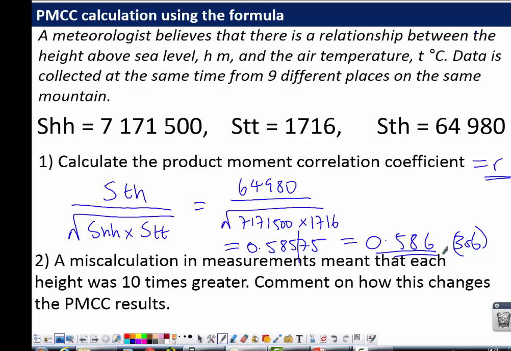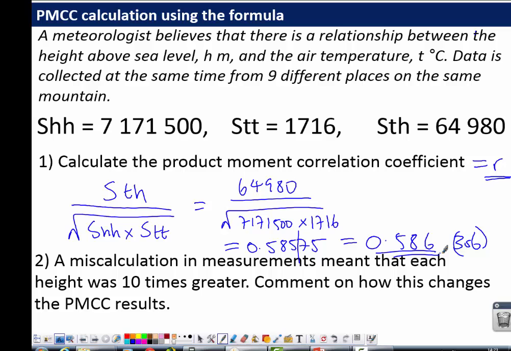A little note to ourselves, this is a value that's in between +1 and -1, so it's the right sort of value you would expect for the product moment correlation coefficient, or R. Yep. So, looking at this question, we have SHH, STT, STH. Of course, your variables won't always be T and H.